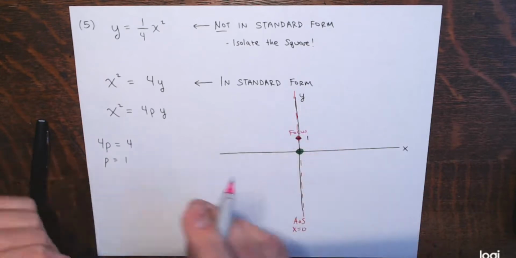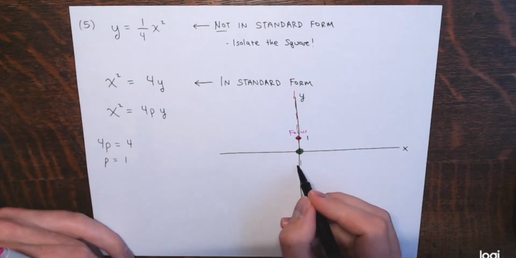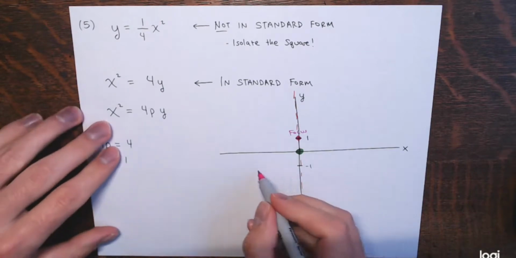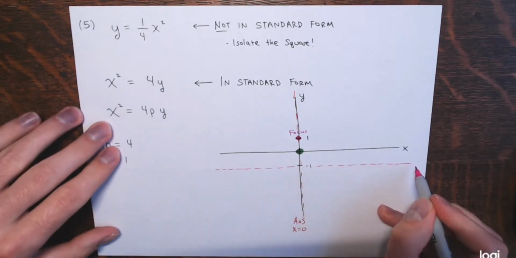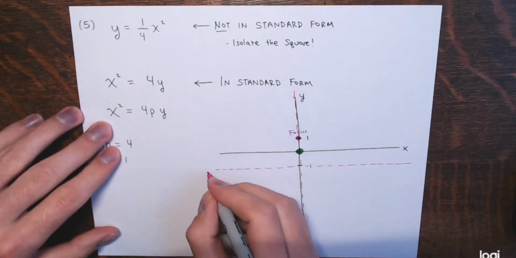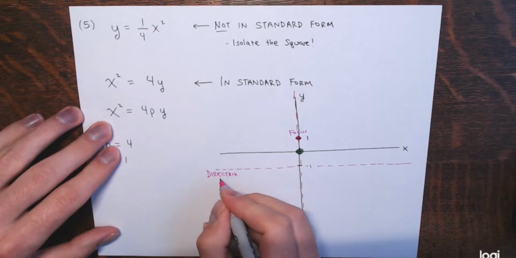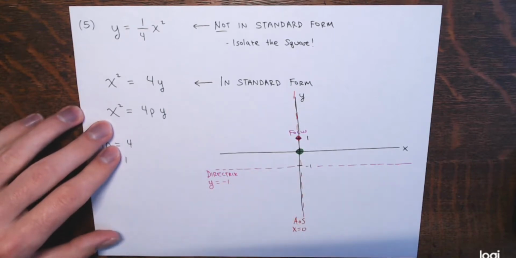And the directrix, the focus was 1 unit above the vertex. The directrix will be 1 unit below the vertex, and it'll be a horizontal line, right, perpendicular to the axis of symmetry. Right, and the directrix is a horizontal line, y equals negative 1 here.